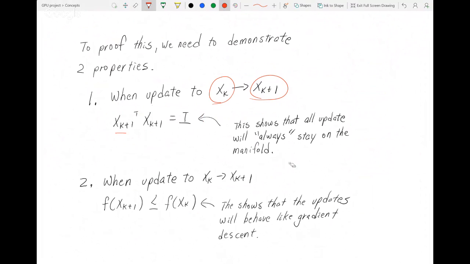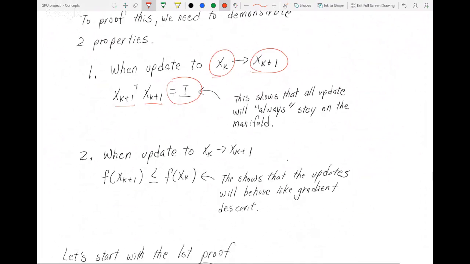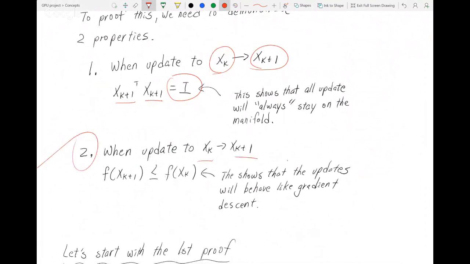So notice x_{k+1} transpose x_{k+1}, when you multiply them together, is still identity. So no matter how you update, you're always on this cylinder. And the second thing we want to show is that as you update, the new cost function is lower than the previous one. So not only are you staying on the cylinder, you're actually going lower, lower, lower, and lower.